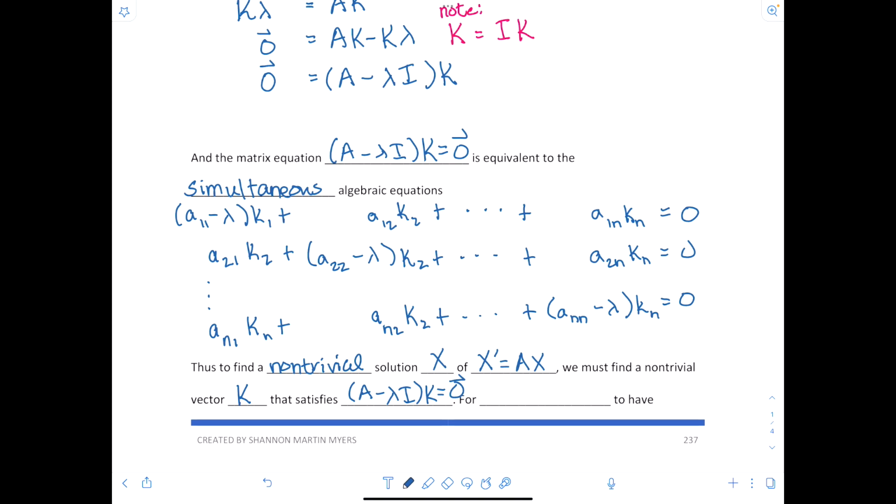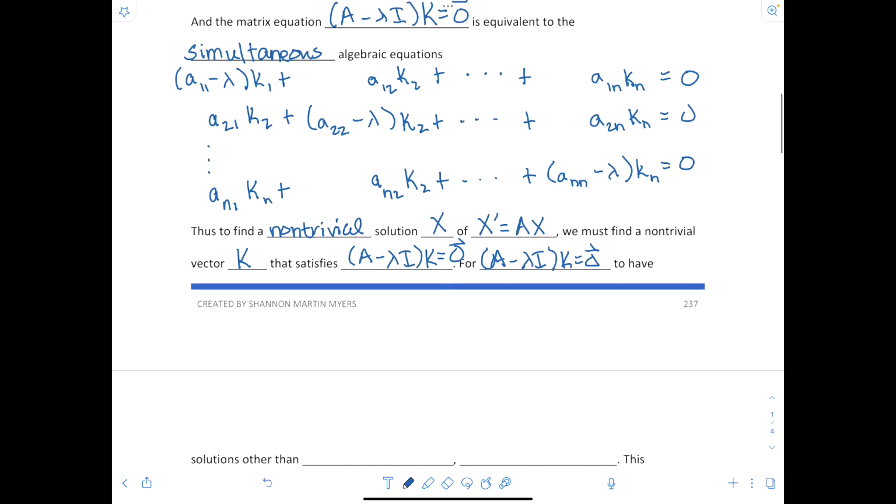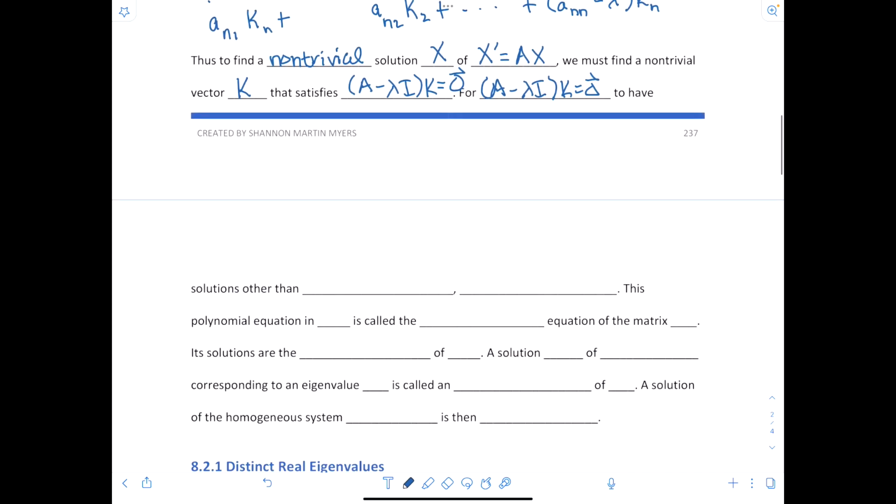For this same equation, A minus lambda I times K equal to the zero vector, to have solutions other than K1 equal to K2 equal to dot dot dot equal to Kn equal to 0, the determinant of A minus lambda times I has to be equal to 0.